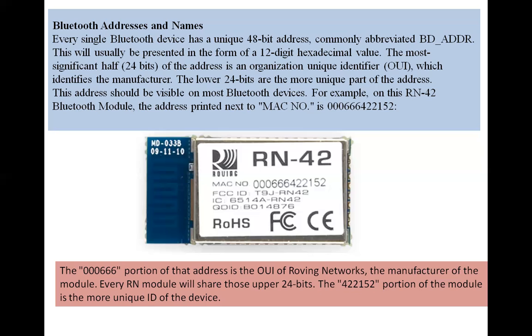The most significant half, 24 bits, of the address is an organization's unique identifier which identifies the manufacturer. The lower 24 bits are the more unique part of the address. This address should be visible on most Bluetooth devices.